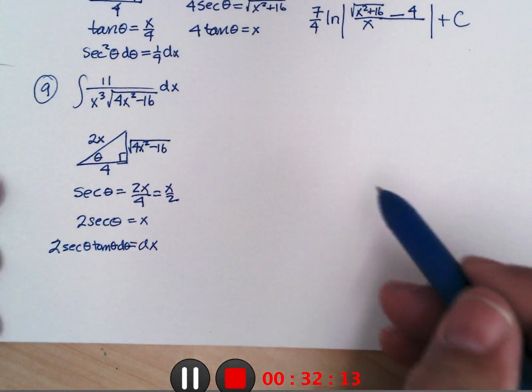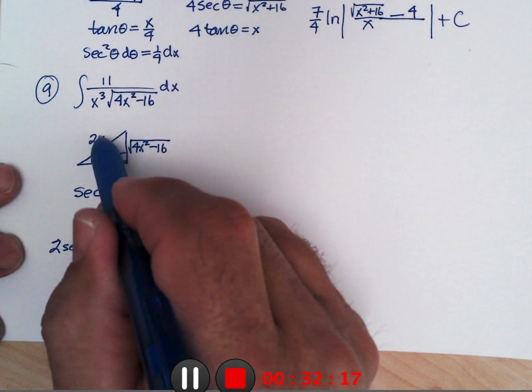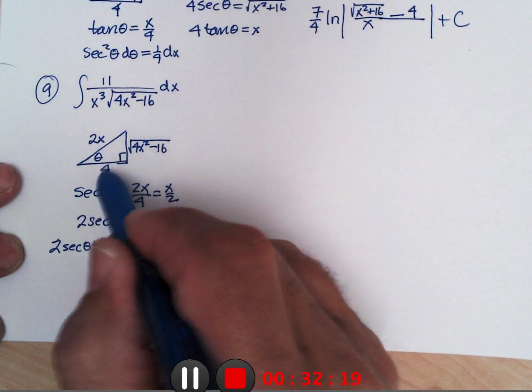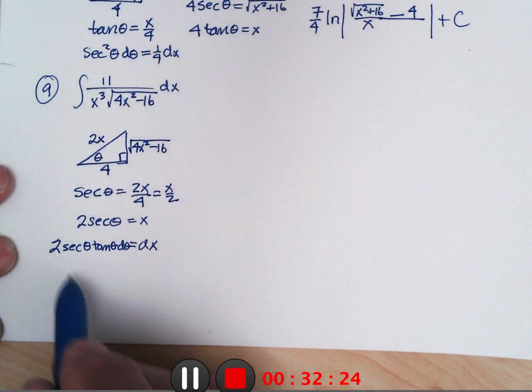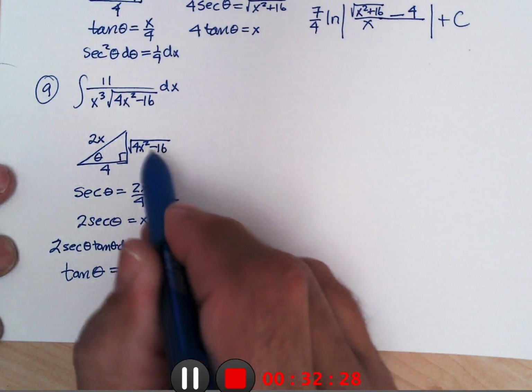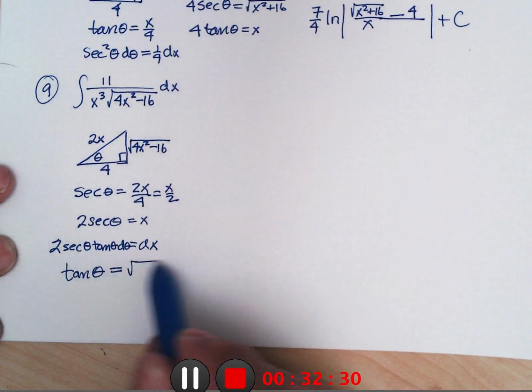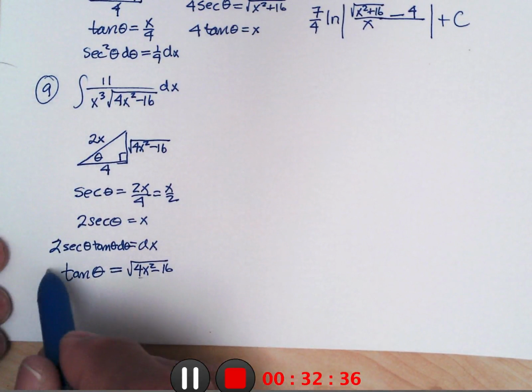So an expression for this, I could use it with that one, but I'm going to go here, and that would be opposite over adjacent, so we get the tangent of theta is that square root over 4, but I'm going to put the 4 over here because I need the square root thing by itself here.